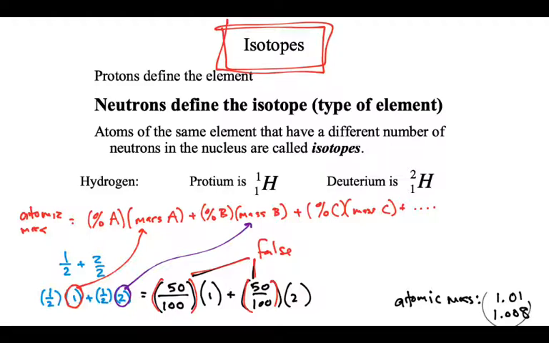Protium. Why is protium the one there's more abundance of? Closer to 1. When we take the average, it is closer to 1 than it is to 2. You don't have to run big calculations, particularly in a multiple choice. You can start to make approximations and say, how does that approximate out? Kind of, sort of?